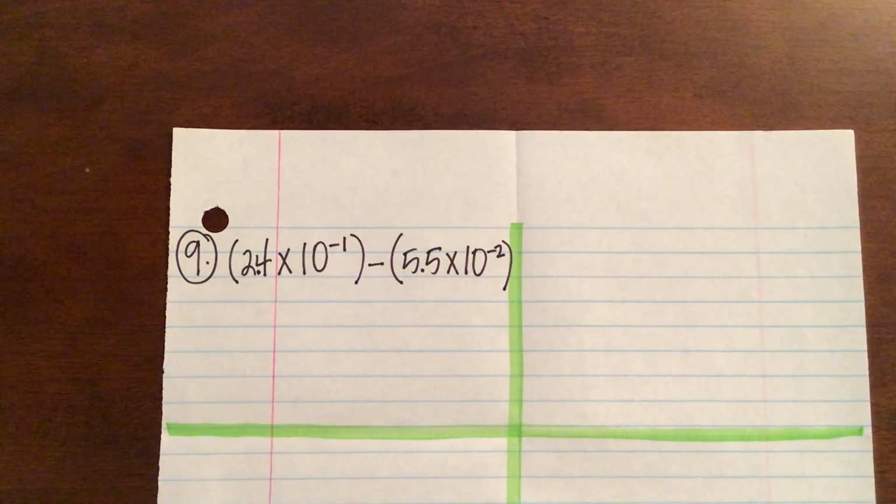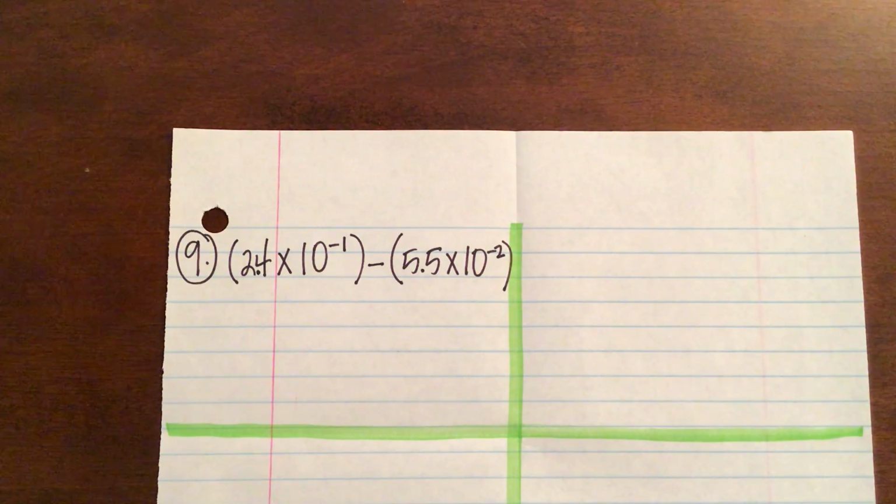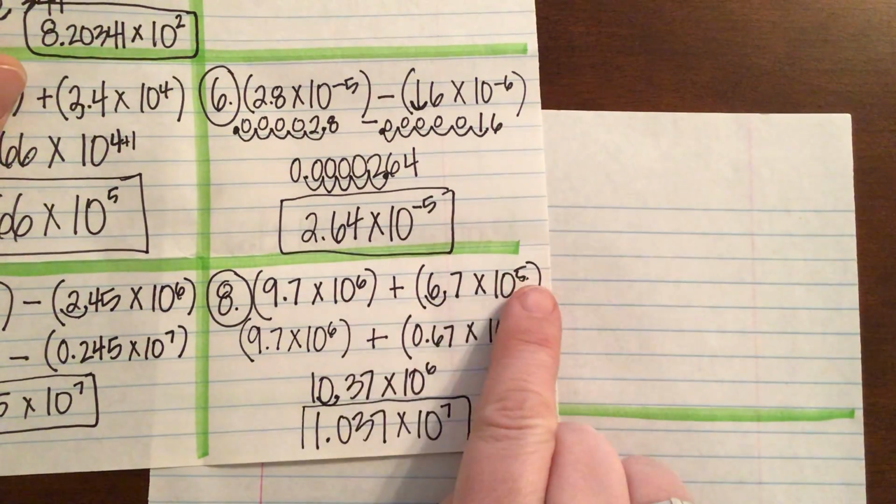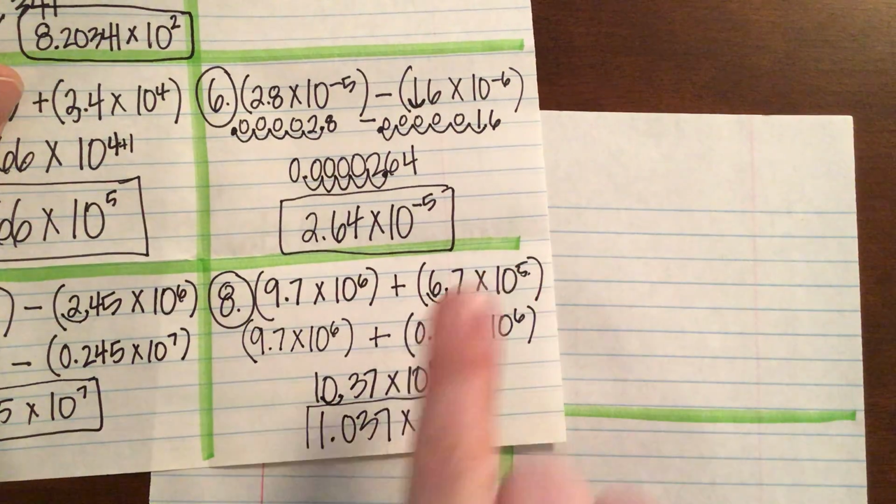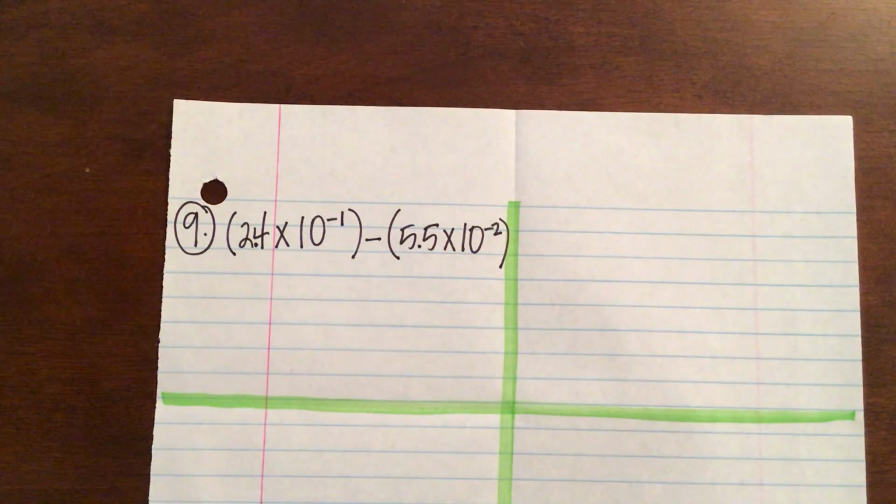Now, I totally understand. It's a lot easier for us to make our changes when it's positive exponents, like we did for the last one. For number 8, when we say, no, they don't match, but it's positive exponents, it's a lot easier for our brain to be like, okay, I get that.